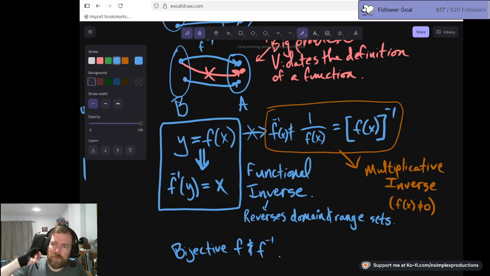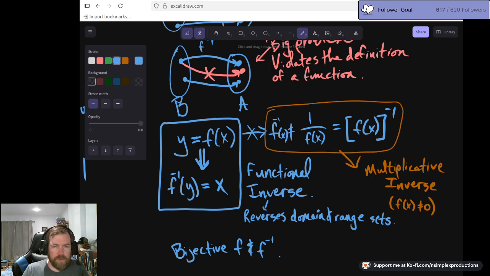Plug all the elements of A in, and we get all of the elements of B, and only the elements of B. And then we said it's one-to-one, so there are no overlaps in either direction.